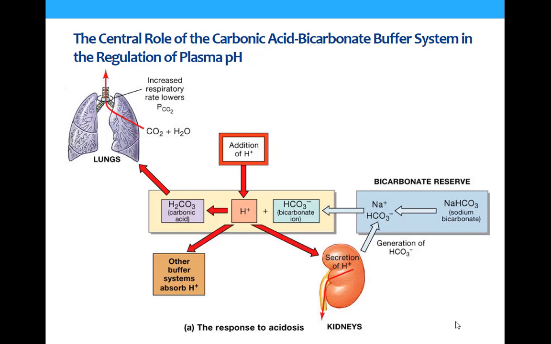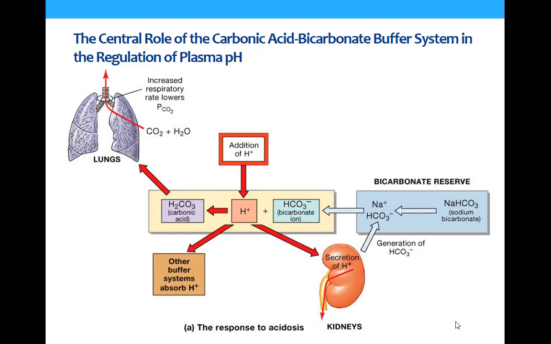Lungs will be able to get rid of the extra acid. Okay. The kidneys can secrete H plus, and kidneys also reabsorb bicarbonate. So they will increase this component of the buffer, which will have more ability to bind to this H plus, become carbonic acid, break down into CO2 and water, and more CO2 will go out.